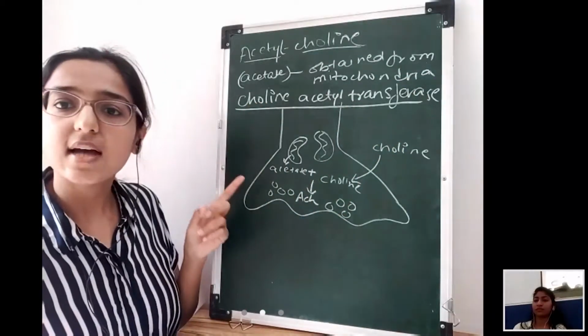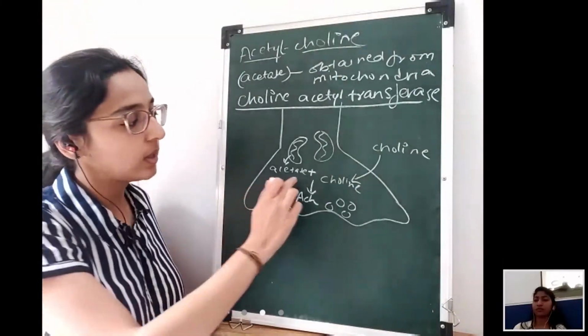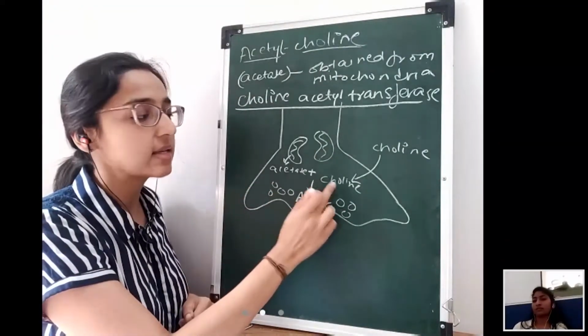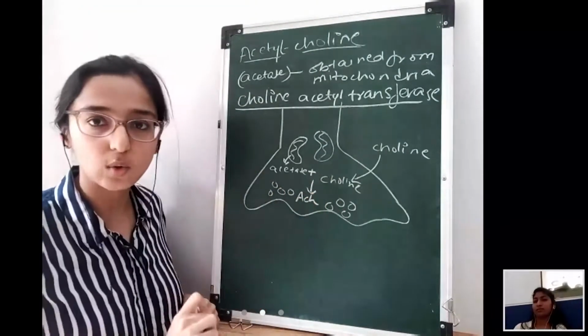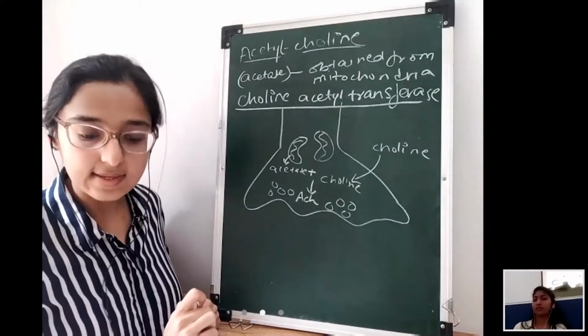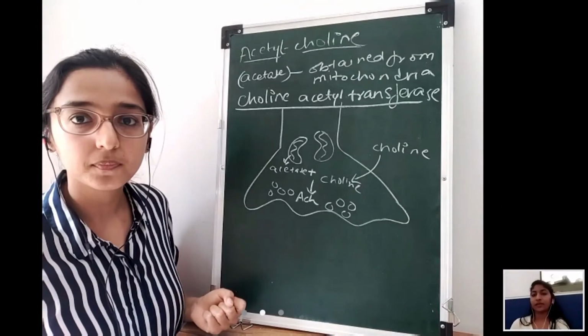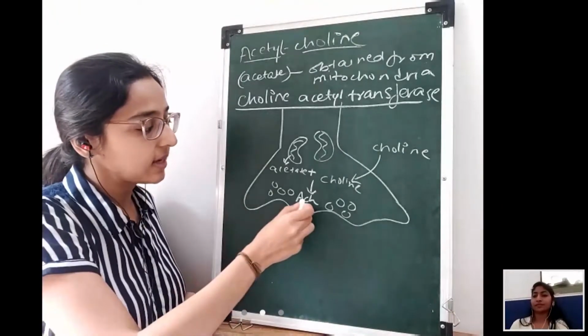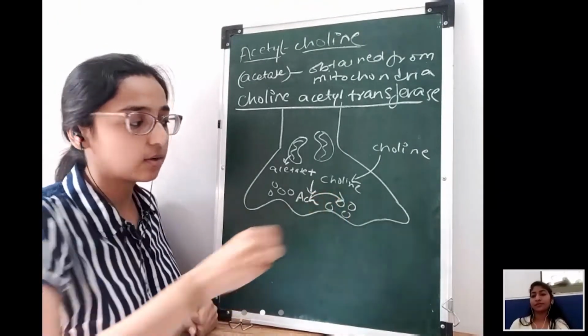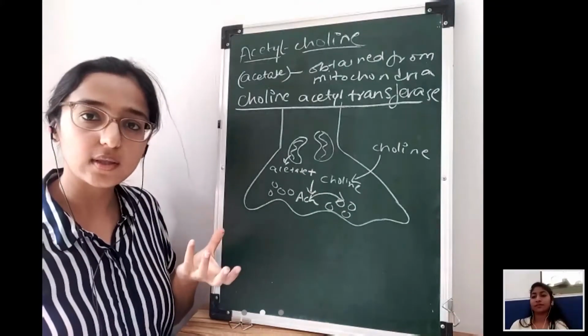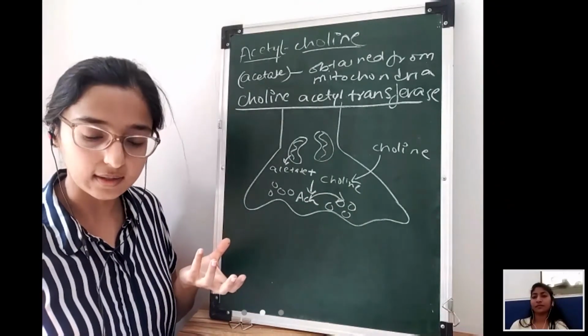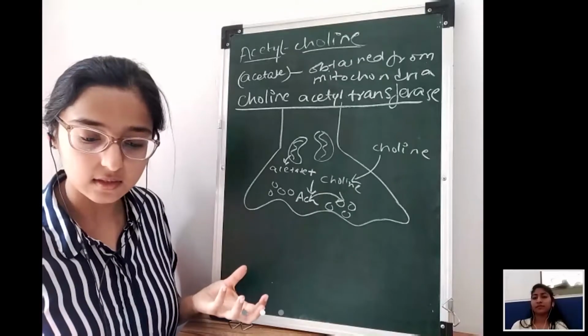This enzyme will help in combining acetate with choline and give you the acetylcholine molecule. Is it understood how acetylcholine is obtained? Yes. Now this acetylcholine molecule will enter the vesicle and be stored in the vesicles until a nerve impulse arrives.